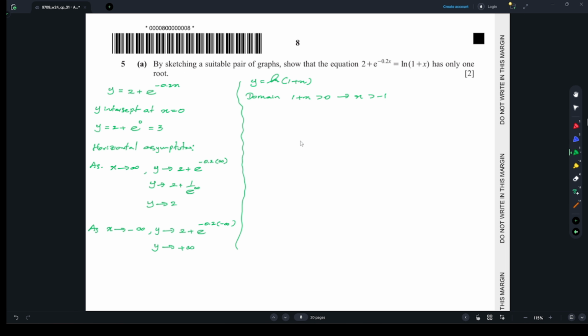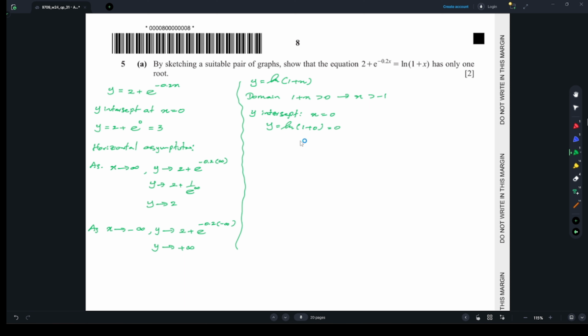Okay, and then I can write the y-intercept at x equals 0. So y equals ln(1 plus 0). ln 1 is 0.